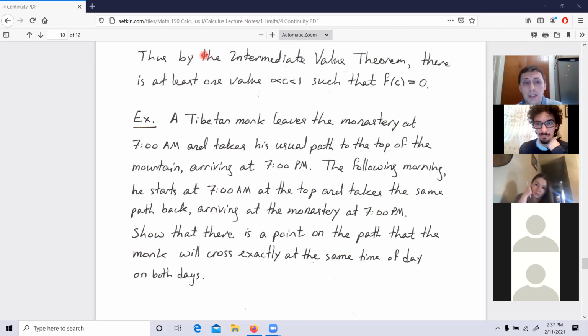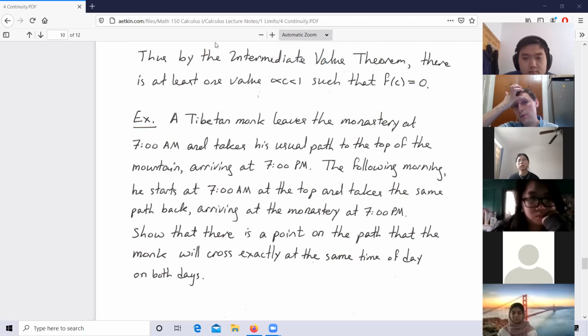The following morning, he starts at 7 a.m. at the top and descends from the mountain along the same route, arriving at the bottom, back at the monastery, at 7 p.m. Okay, and you recorded both videos. You were traveling with this monk and you recorded the video on day 1 and you recorded a video on day 2.